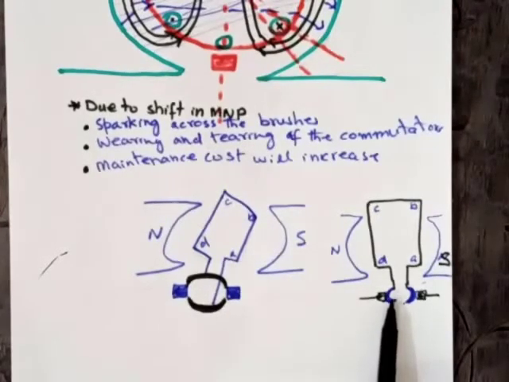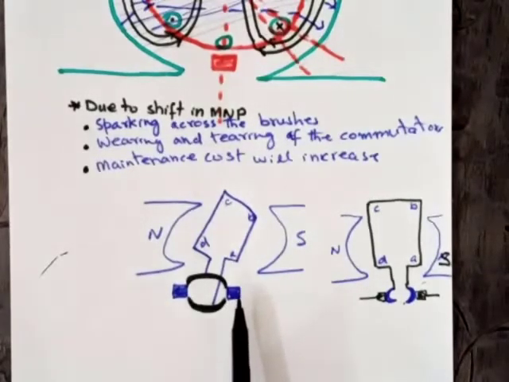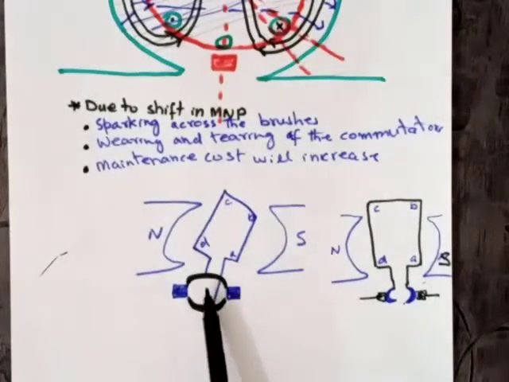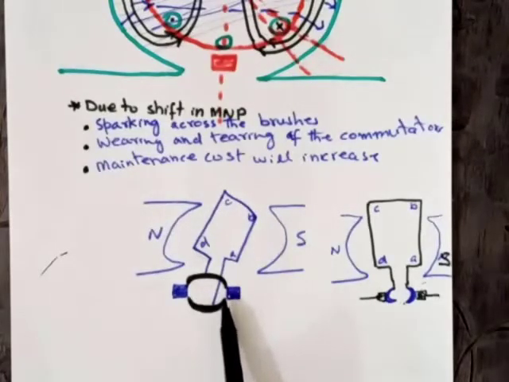Here the commutator segments are not short circuited, but when the loop rotates, at one point both commutator segments will be short circuited through the brushes, as you can see in this figure.